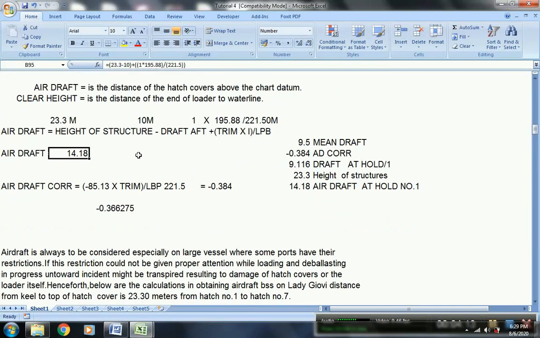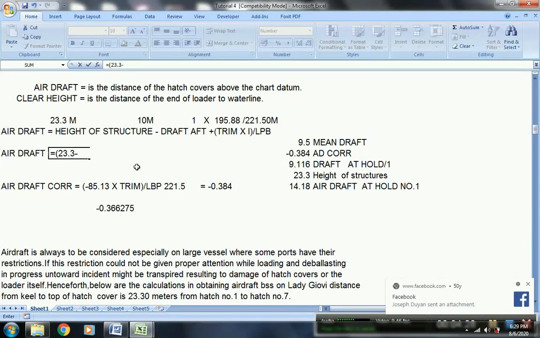We don't need the calculator, we will just do it directly here in Excel. Equals open parenthesis, 23.3, this is the height of the structure, minus the draft aft, which is 10 meters, close, then plus the trim, 1 meter, multiplied by the distance from the aft perpendicular, which is 195.88, then close, divide by the LBP, which is 221.5.